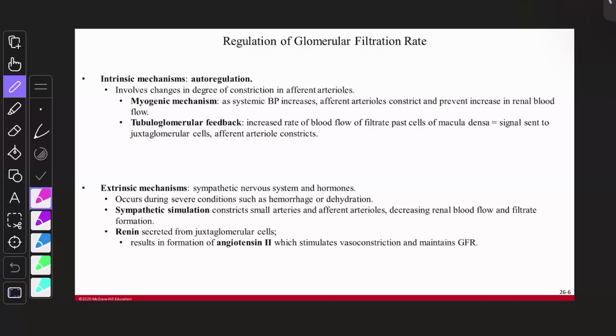When they detect a high rate of flow, they actually send a signal to the juxtaglomerular cells, which will then cause the afferent arteriole to vasoconstrict, which will decrease the amount of blood coming into the glomerulus, which will lower the pressure, which will reduce the filtrate speed. Does that make sense?